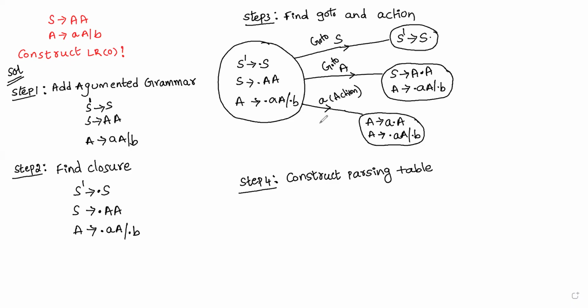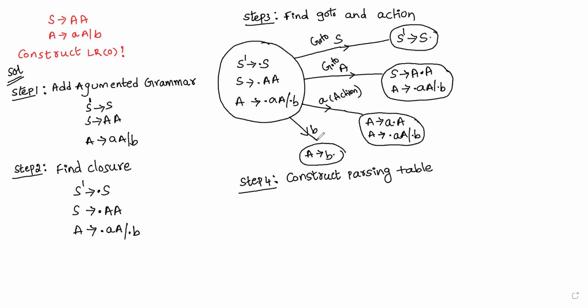Okay, friends. So what you have to do now? I completed small a. Now I need to go for small b also, because you see dot a is there, dot b is there. So when you see b, what is the answer? It will become A tends to b dot, because the given problem is A tends to a dot b.